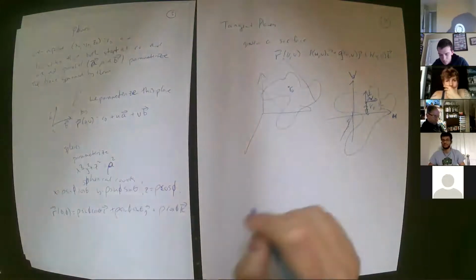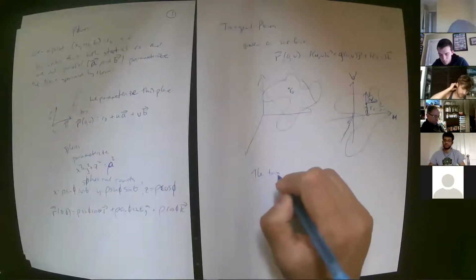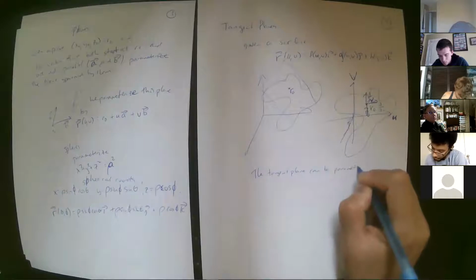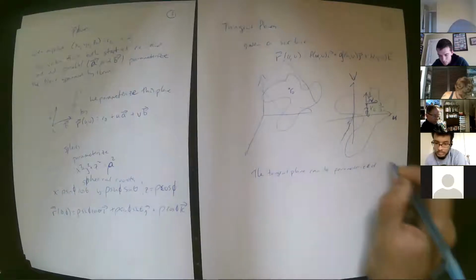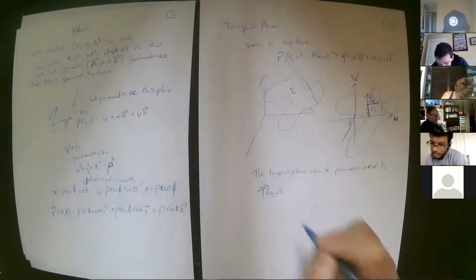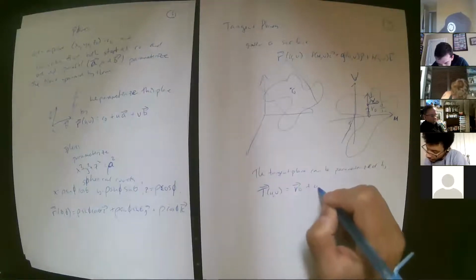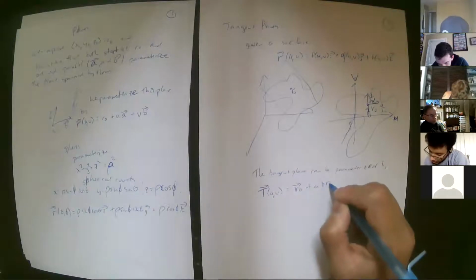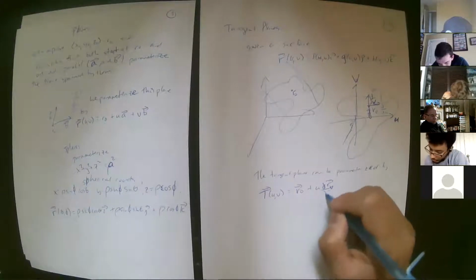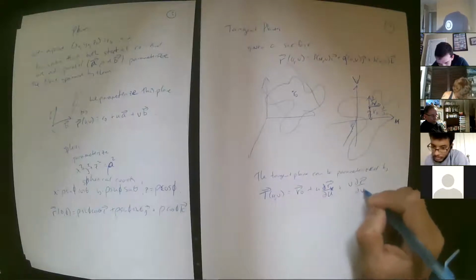So if we have these vectors and a point, the tangent plane is parameterized by, I'm going to call it T of uv, equals my point R naught plus u dr/du plus v dr/dv.